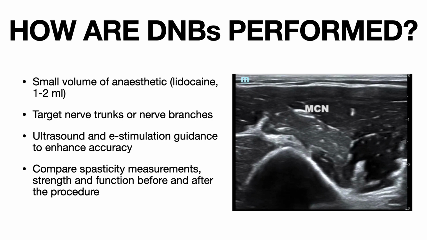And then when you do these procedures, again, the benefit of making sure the block is short acting is that you can look at measurements before and 30 minutes after the block. So you can look at spasticity measurements such as the Tardieu, modified Ashworth. You can look at their strength and you can look at their function to decide, are there benefits from their blocks?